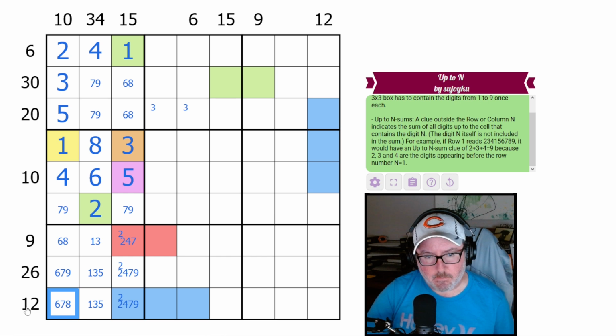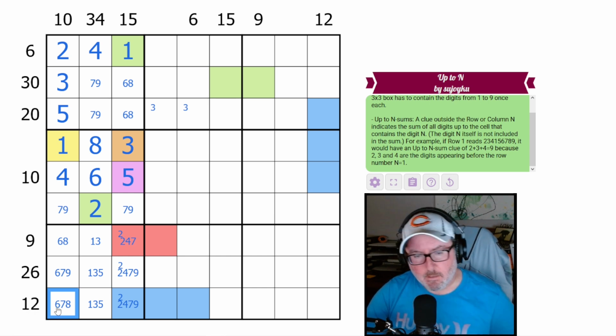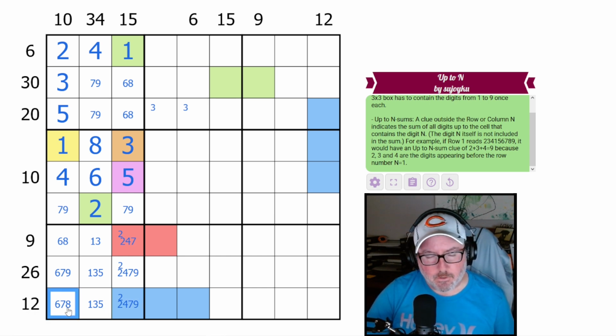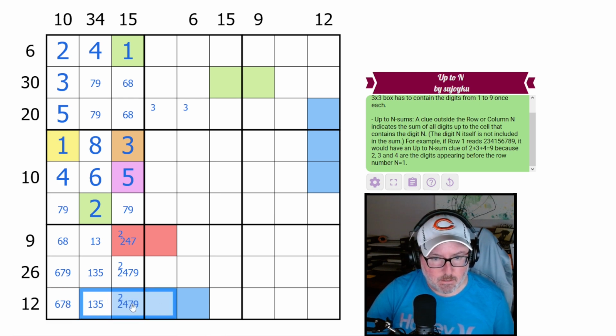I was going to say there's not as much a reduction there, because this doesn't have to be 9. This could still be a 6 with a 1, 2, 3. And that would work. Or it could be 3, 2, 1 or something like that.